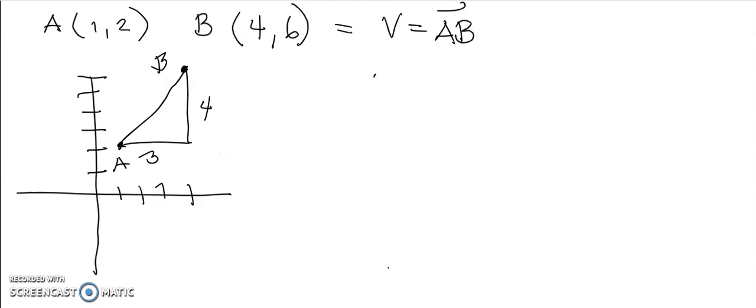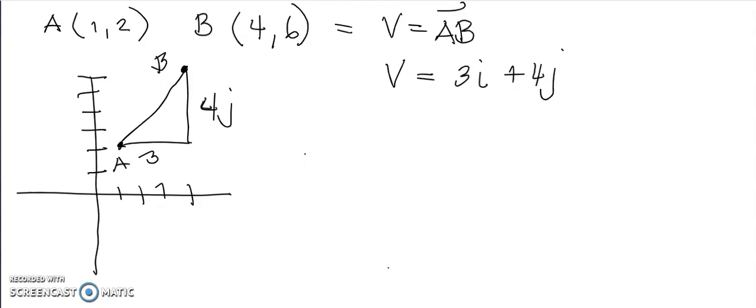So therefore, the vector v is equal to 3i, where i is the unit vector of the x component, plus 4j. So this is the vector from point A to point B.